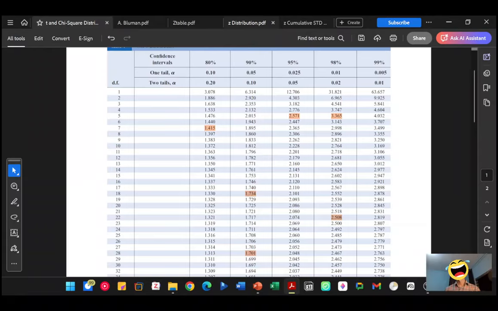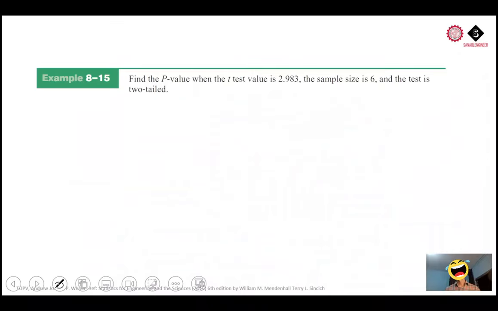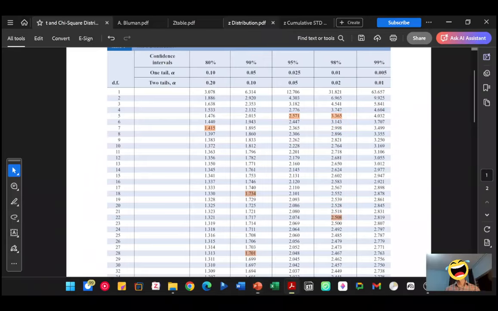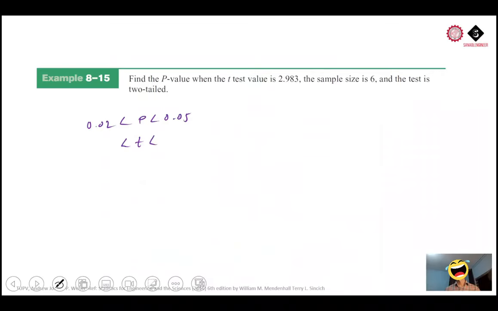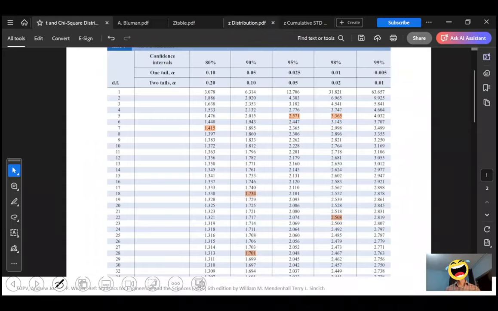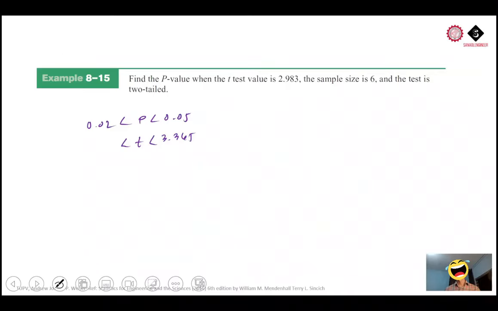Therefore, the p-value is between 0.02 and 0.05. The t value 2.983 is within 3.365 and 2.571.